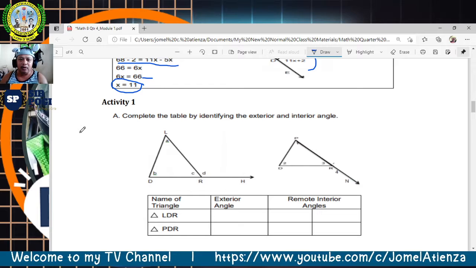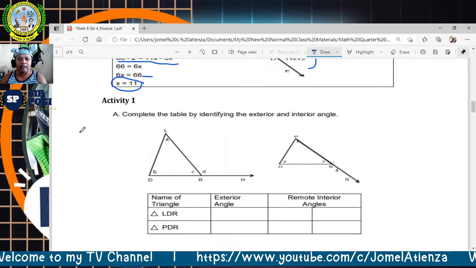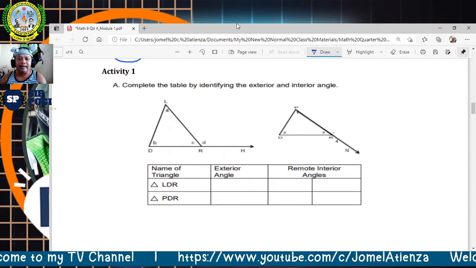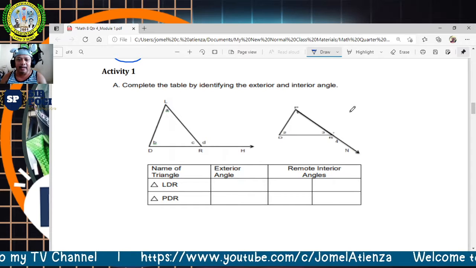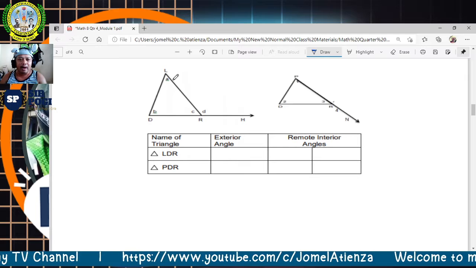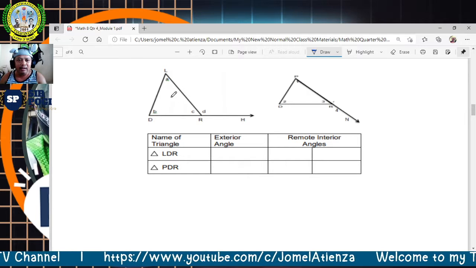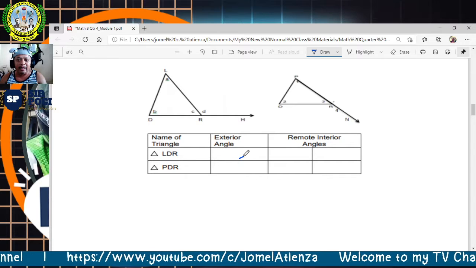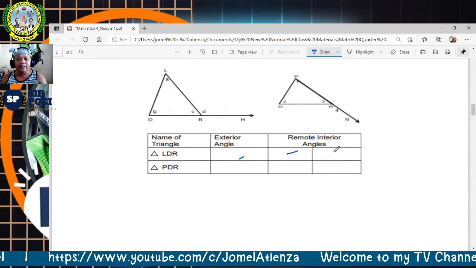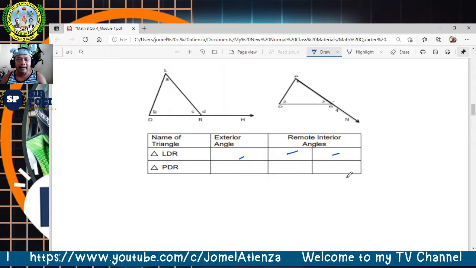So, here is your activity number 1. Complete the table by identifying the exterior and interior angles. So, what are we going to do? From triangle LDR, what is the exterior angle? And what are those remote interior angles?